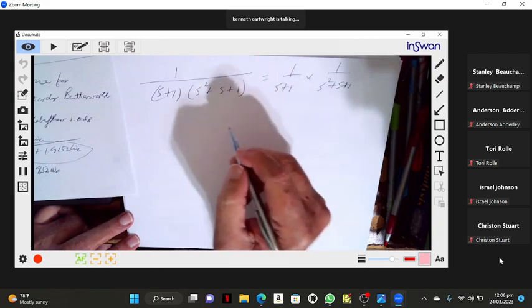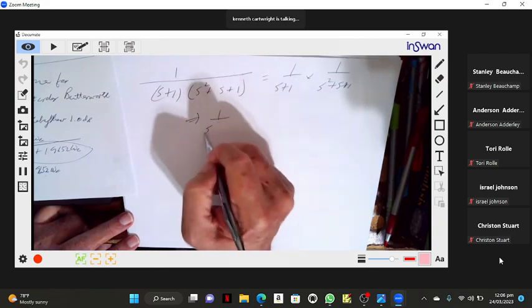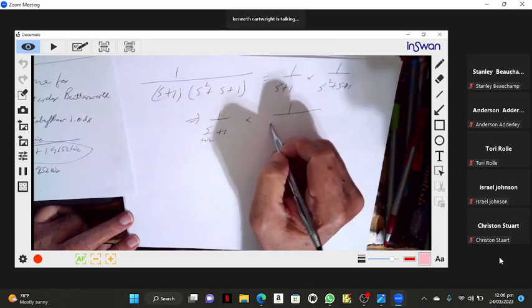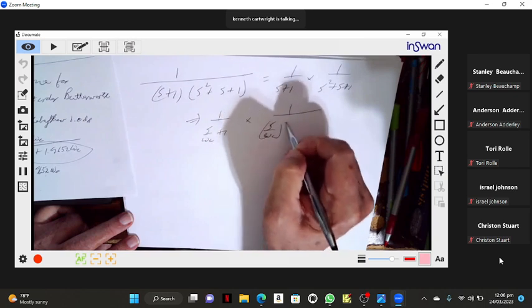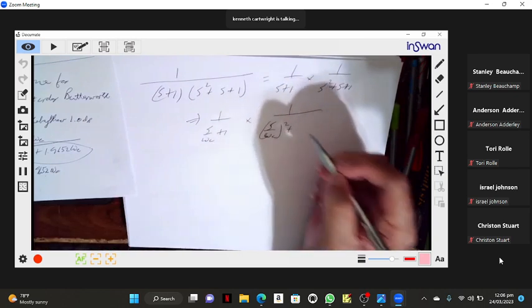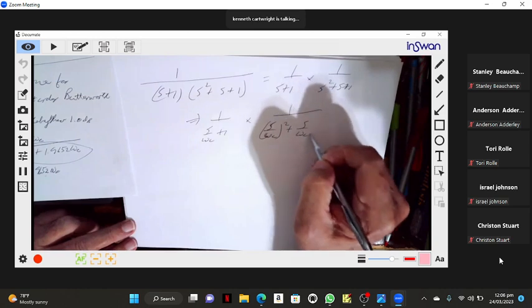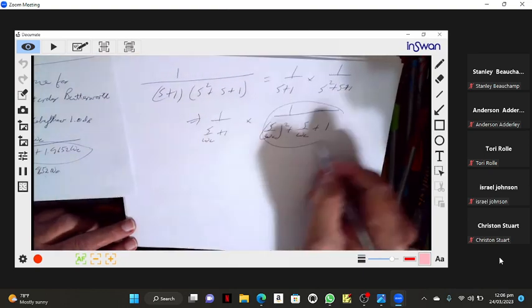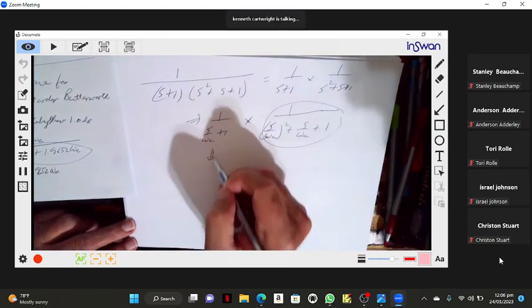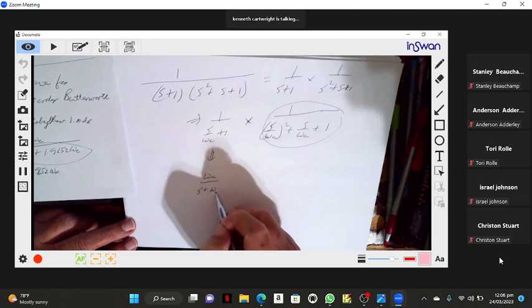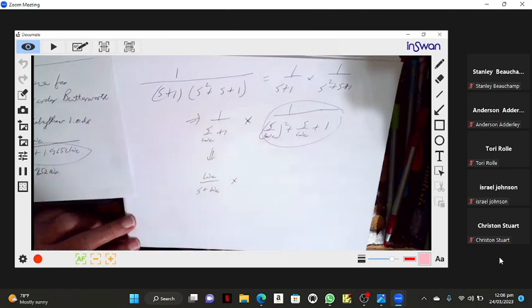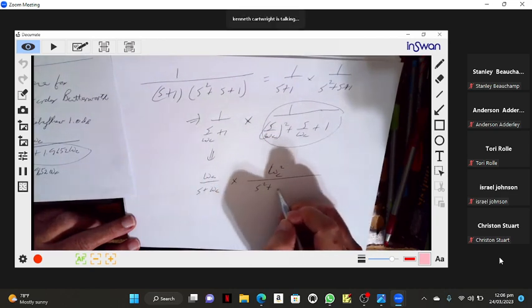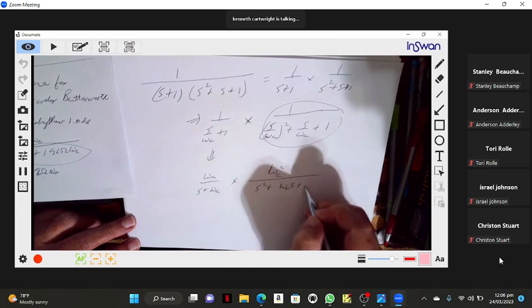And so this becomes 1 over S over omega C plus 1, times 1 over S over omega C squared plus S over omega C plus 1. This is the second order part. So this part here is omega C over S plus omega C, times omega C squared over S squared plus omega C S plus omega C squared.